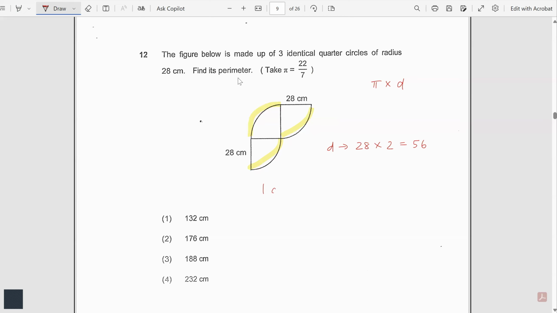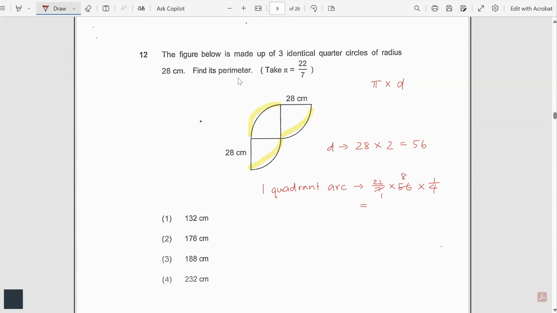Now the arc of a quadrant, let's call it one quadrant arc. It will be pi, which is 22 over 7, times diameter times a quarter, since I only want the arc of a quadrant. So I'll simplify this, the 7 and 56 can be simplified.